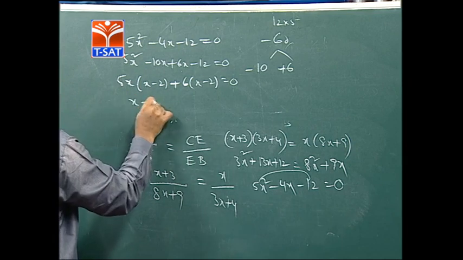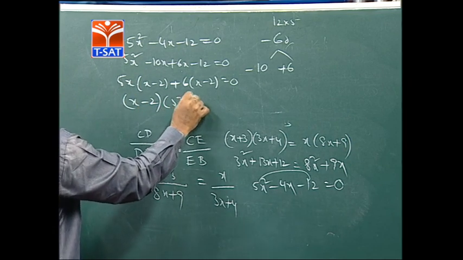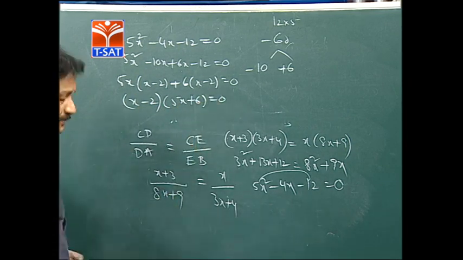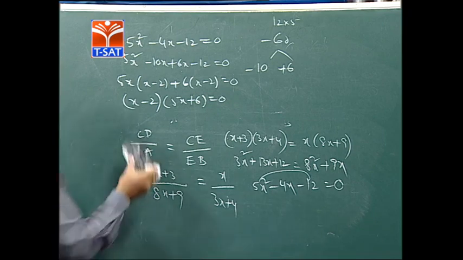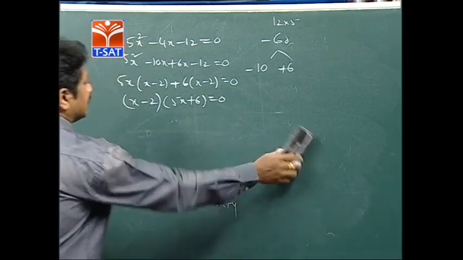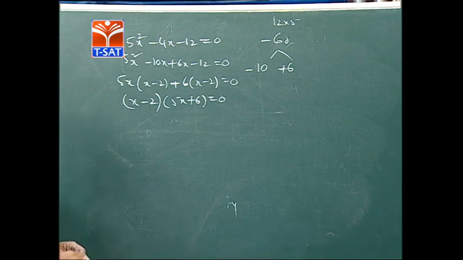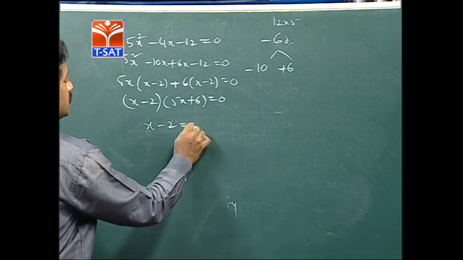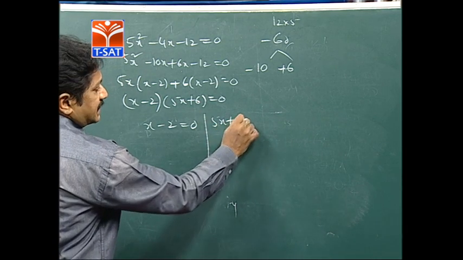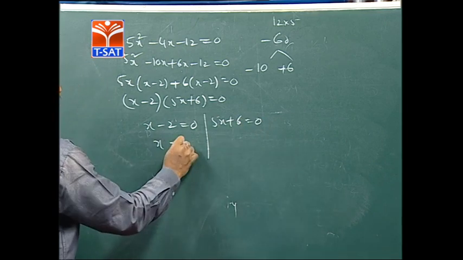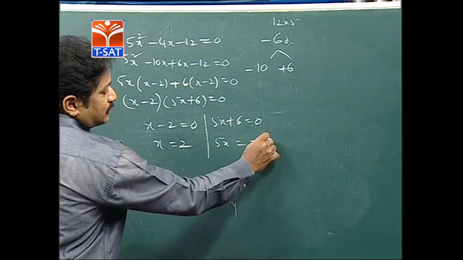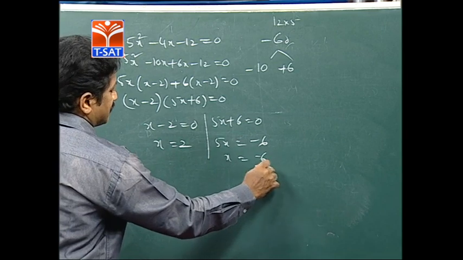Then x minus 2 times 5x plus 6 is equal to 0, a simple linear expression. When the product of 2 simple linear expressions is 0, each one will be 0, that is x minus 2 is 0 or 5x plus 6 equal to 0. Then x is equal to 2, and 5x is equal to minus 6, or x equal to minus 6 by 5.